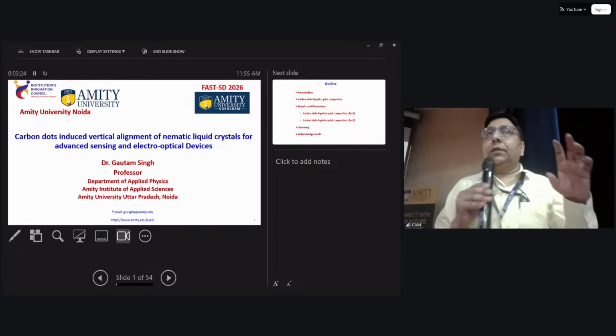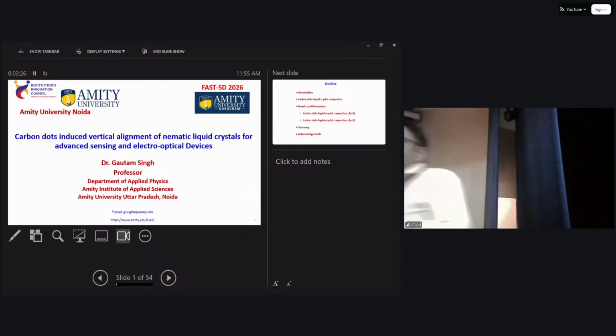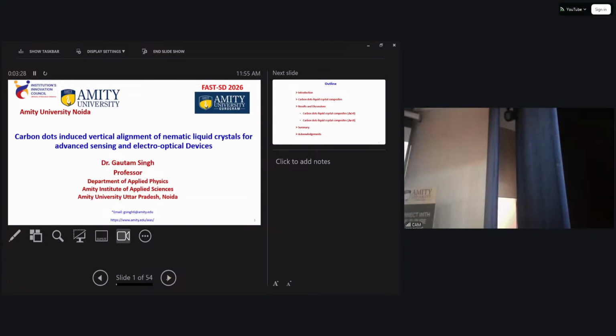Basically, today we are living in the age of information, and to present information, we need some display. I hope you are all aware of LCDs. In those display devices, people use a material known as liquid crystal material. This has been in the market for a long time, but there are certain drawbacks in those devices.